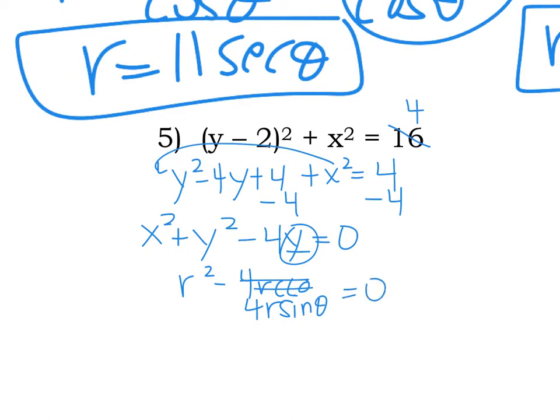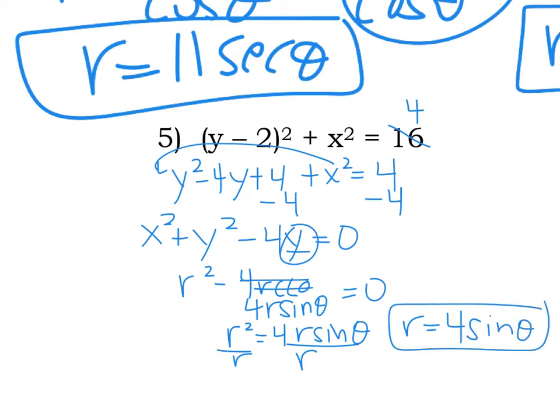And then we need to solve for r. Now let me show you what you're allowed to do. Go ahead and add the 4r sine theta over to the other side. And then you're allowed to divide both sides by r. I know that doesn't feel good. I know that's bothering some of you, but it's okay because r is not ever 0.